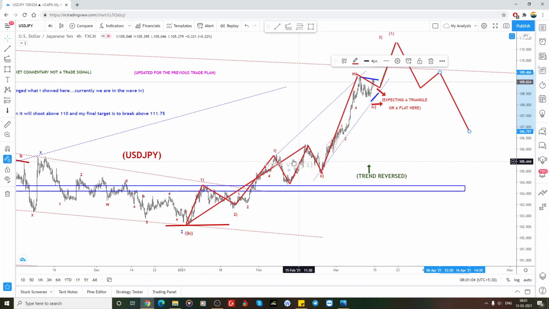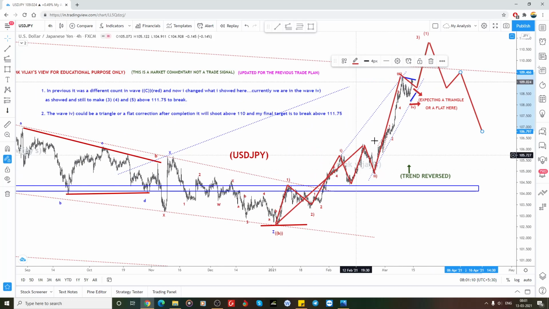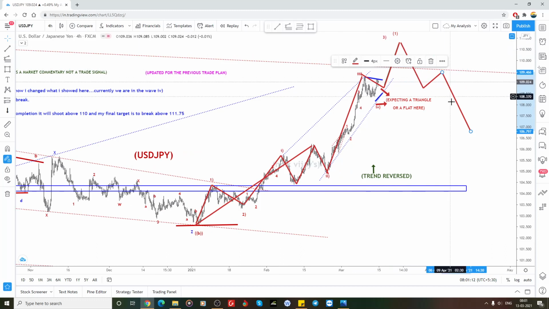That is why I have split this as a 1 2. In this forex market, it can do anything, that is also valid. Once we get this kind of rejection, then I need to change. But before that, I'm explaining here it could be a 5-wave structure 1 2 3 4 5 as a 1, and this could be a second, this could be a third, and we are in that fourth wave.